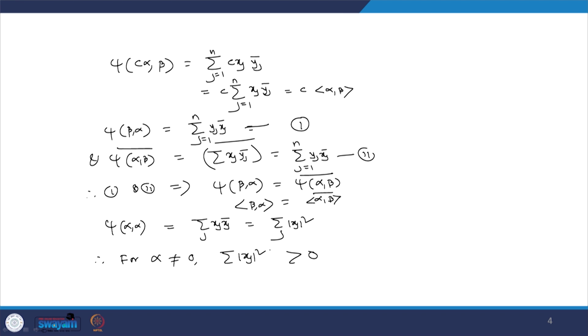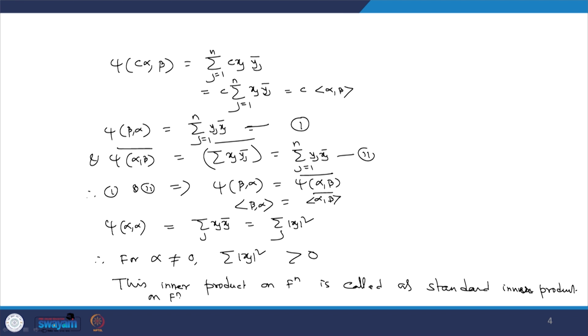This inner product is called the standard inner product on Fn.